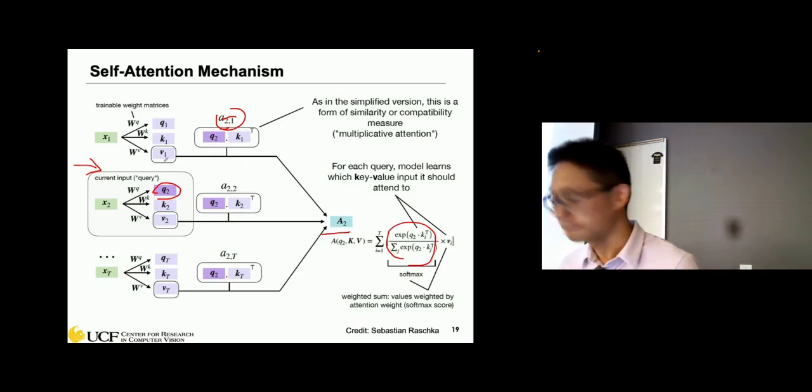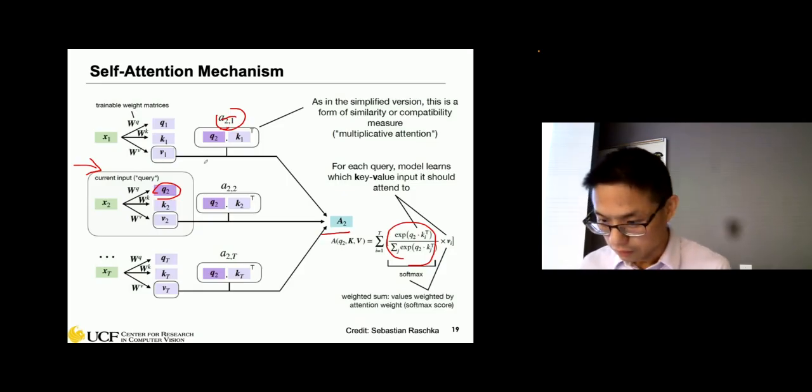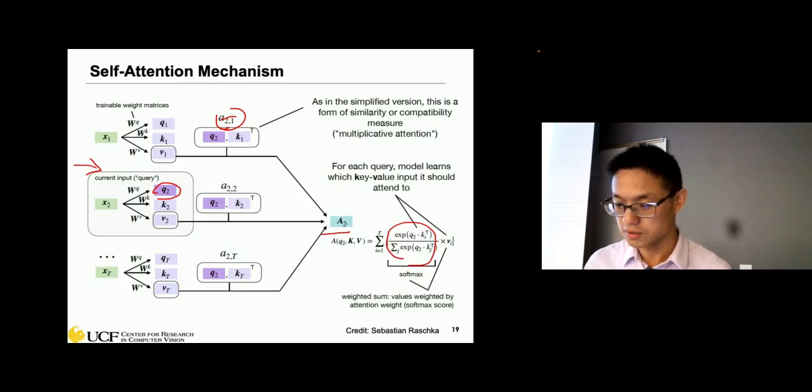Yes? The sum happens, so all the A matrices get summed together, is that it? This is just a single one. A2 indicates the attention-weighted output, so you are no longer X2, you become A2.